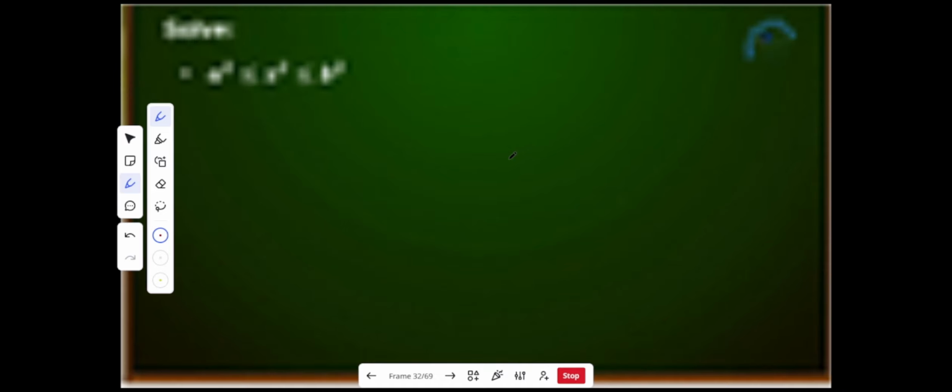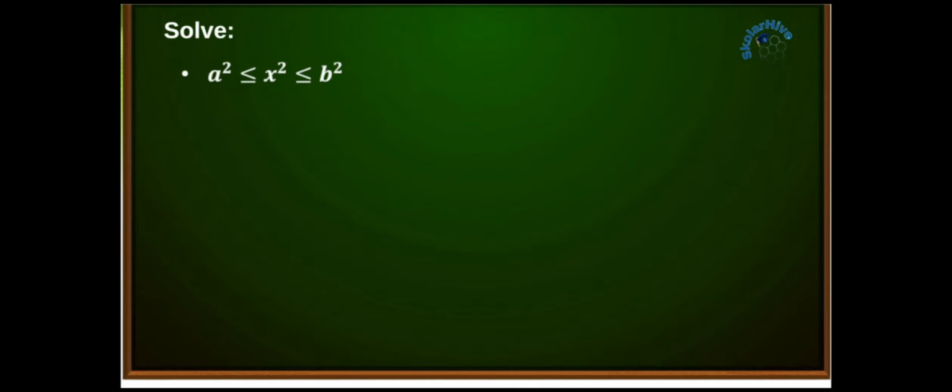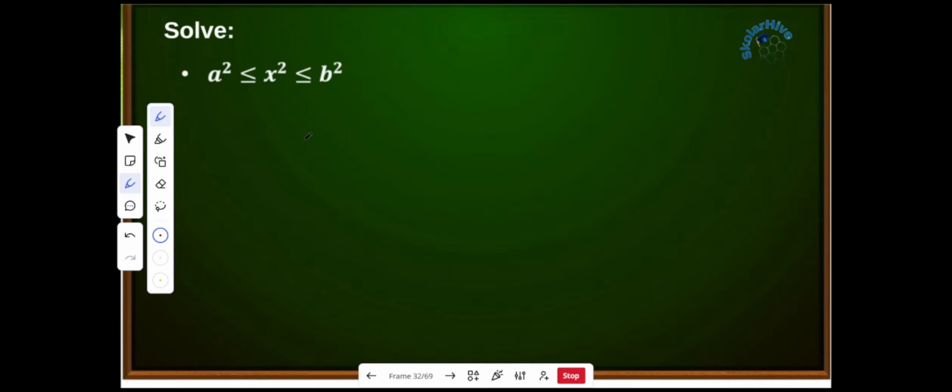Now if we have an inequality given like this, x square greater than a square but less than b square, what will be the values of x? Let me break it into two inequalities: a square less than or equal to x square, and x square less than or equal to b square.